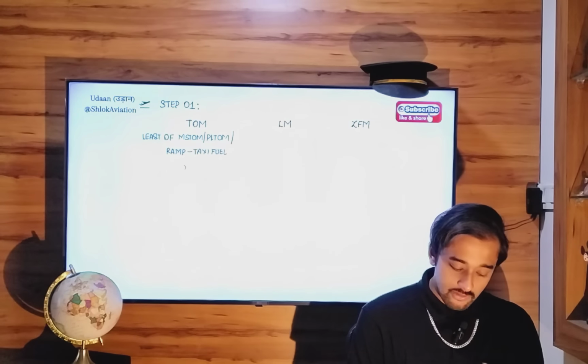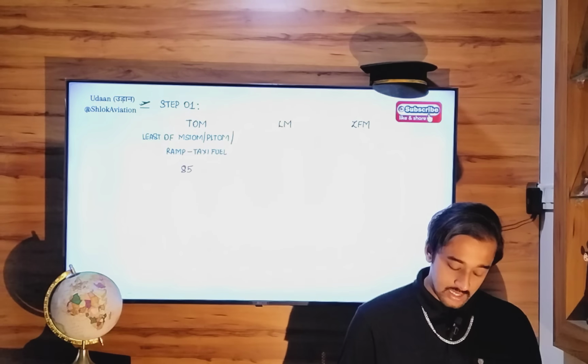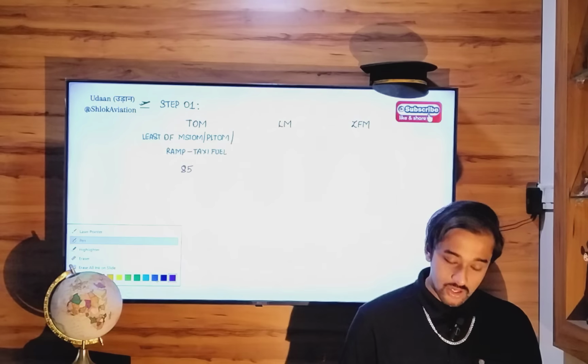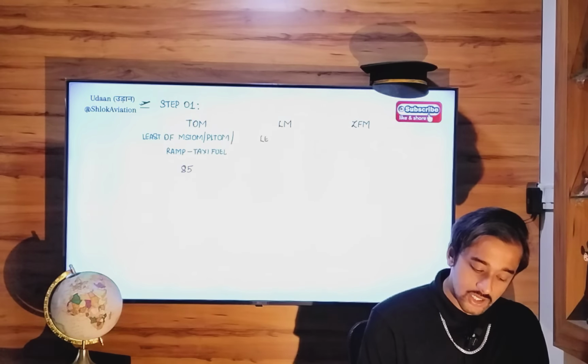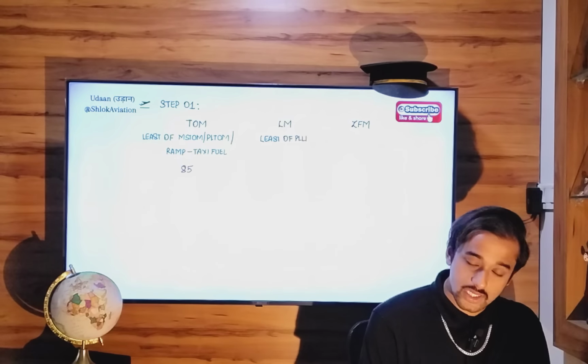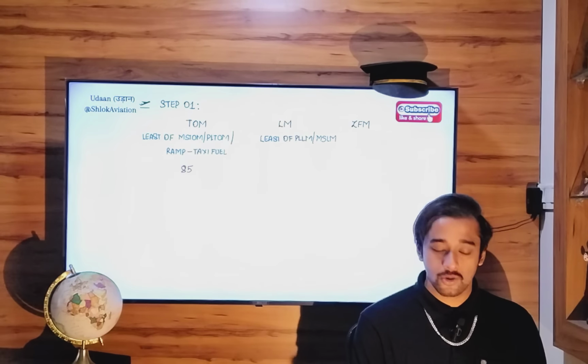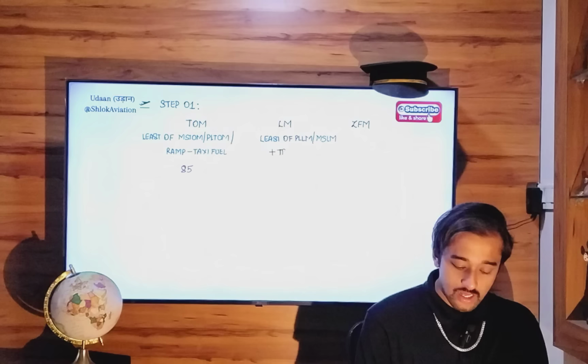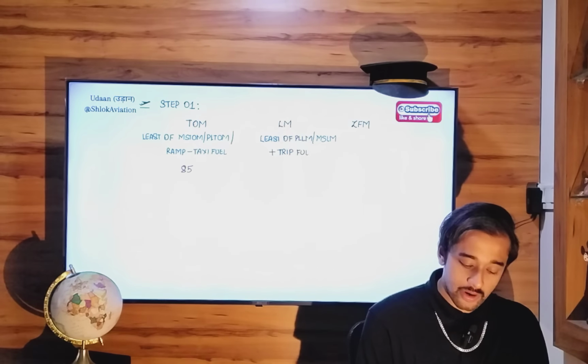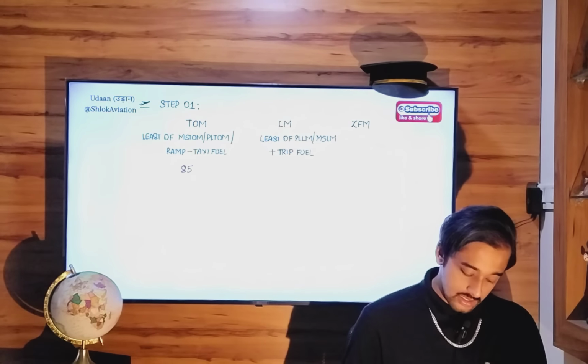Next, in case of landing mass column, you are going to use that value which is the least of performance limited landing mass and maximum structural limited landing mass, and to that you are going to add trip fuel.